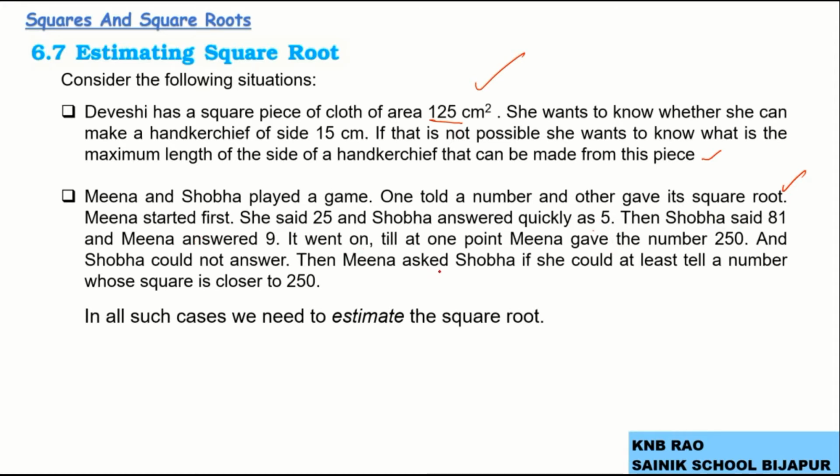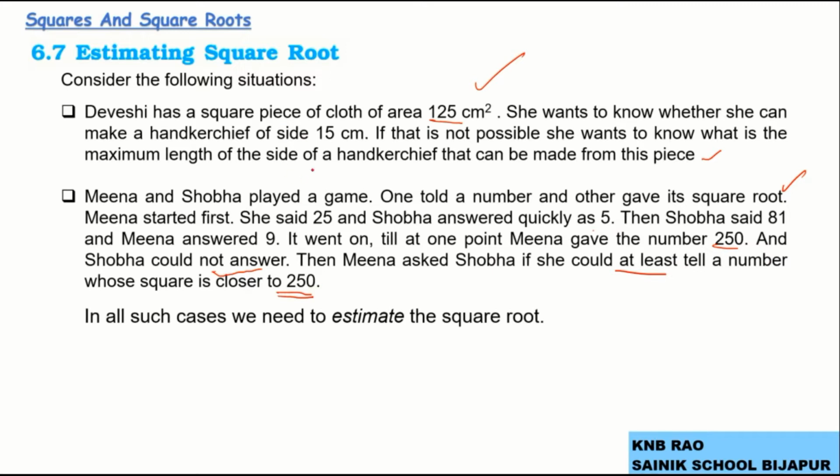It went on until Meena gave the number 250, and Shobha could not answer quickly because 250 is not a perfect square. So, Meena asked Shobha if she could at least tell a number whose square is closer to 250.